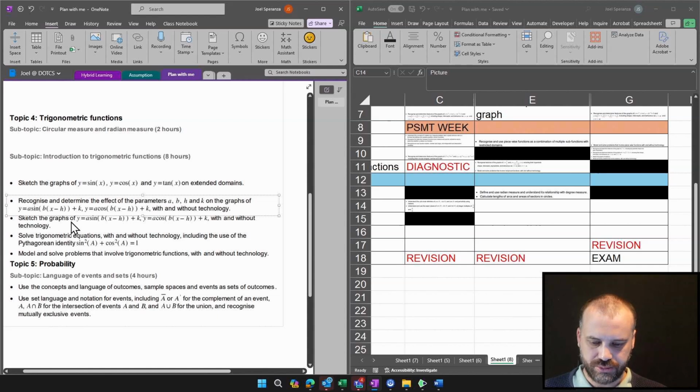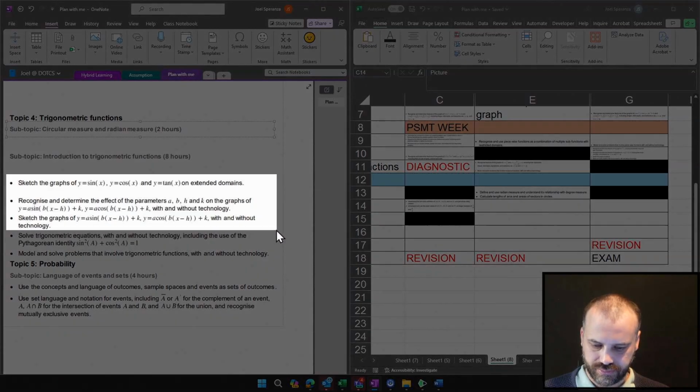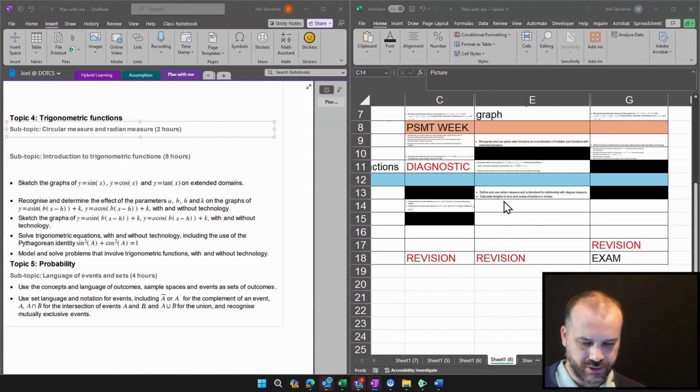Sketching graphs, we should be getting super good at sketching graphs. So we should be able to sketch our graphs. Yeah, let's sketch our graphs here.